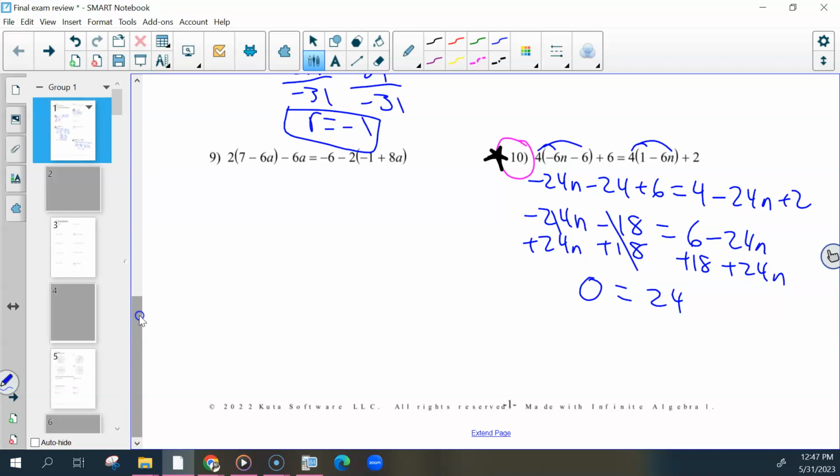These two numbers do not equal each other, so this is no solution. Any questions on that process? Go on to the next page.